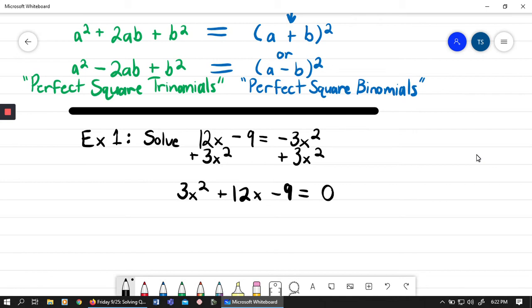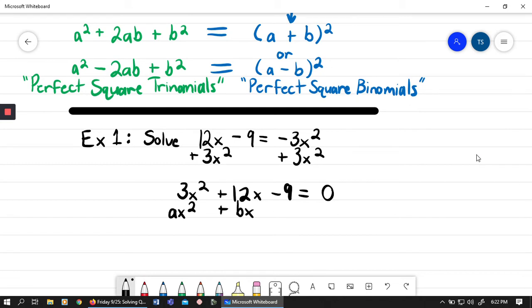So as of right now, we've got this written in standard form. Writing it in standard form is not really required, but some people may need to see it in this form in order to be sure that you know what the a value is.